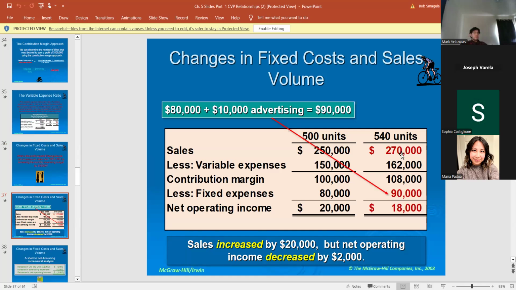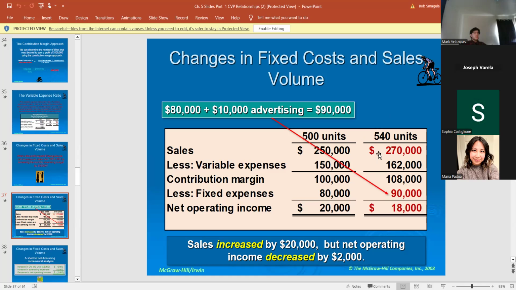Well, one long way to do it, and I kind of recommend you do it this way for a while till you can really grab onto the shortcuts. Well, what changed? They added 10,000 to the fixed expenses. And that advertising drove an increase of 540 units.